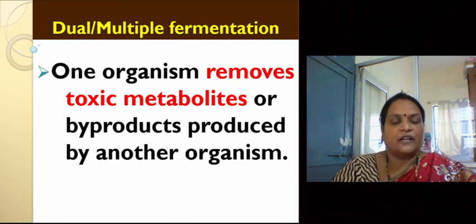And therefore what should be done? We will add one more organism to the fermentation. That organism will remove these toxic metabolites or toxic byproducts and they will not be allowed to accumulate, and thus the conditions will remain suitable for the product formation.